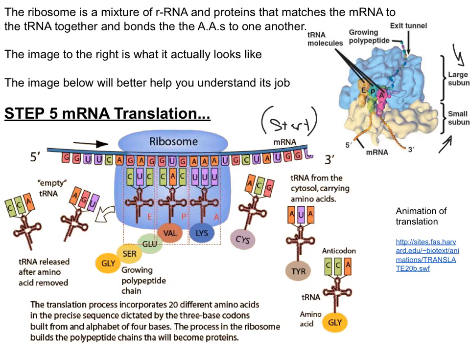That's going to bring the two parts of the ribosome together, and the ribosome is part RNA and part protein, a mixture of both. And then you're going to have 3 sites in the ribosome that are going to match with the strand of mRNA.